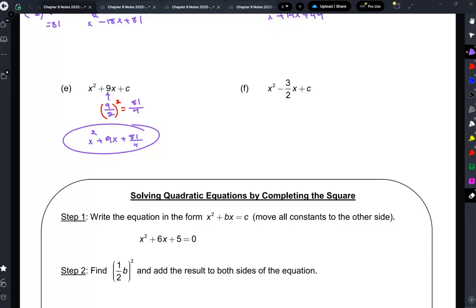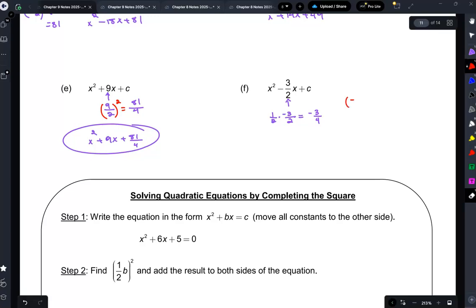Okay, this one's even more involved. How much is b? Negative 3 over 2. And I want to take half of that. So half of negative 3 over 2 is negative 3 over 4.